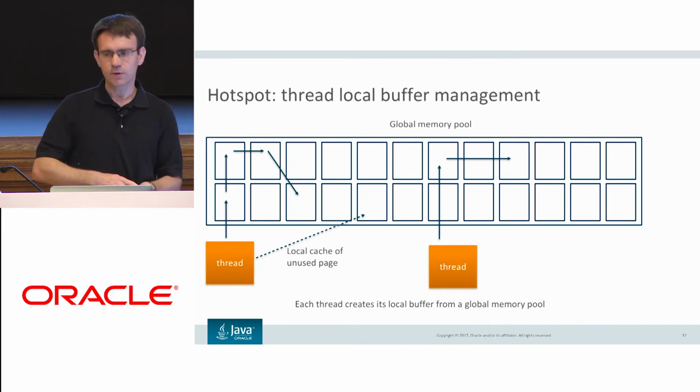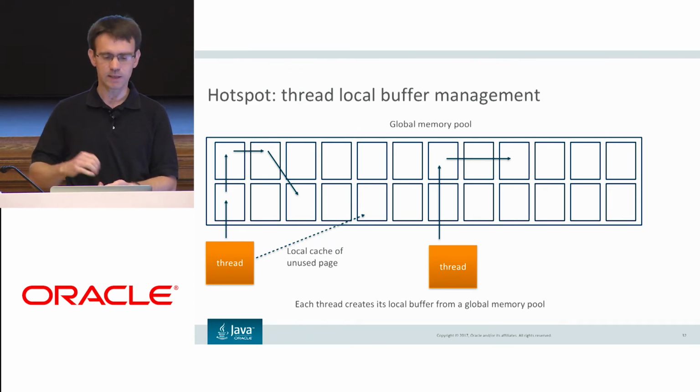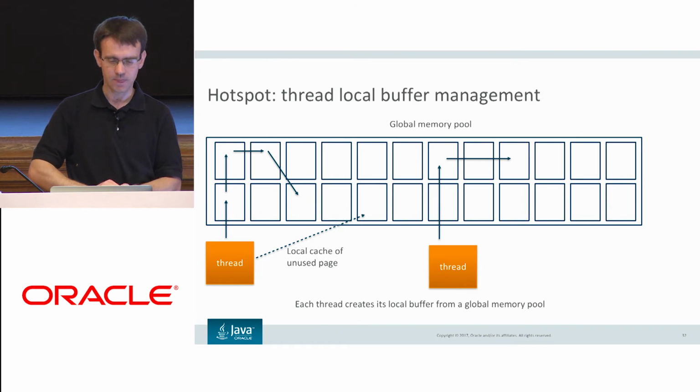So the thread local buffer is not a contiguous piece of memory, but a linked list of pages taken from the global pool. We are trying to avoid too many global operations, so we are not returning pages to the pool immediately. We have a local cache of one page, so if a thread is operating at the boundary of two pages, we can avoid going to fetch or return pages to the global pool too often.